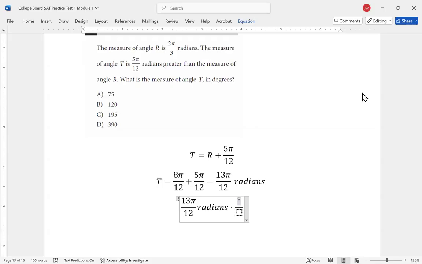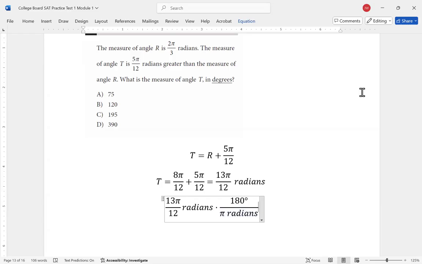Now, a lot of times instead of writing 360 degrees is 2 pi radians, we divide both things by 2. So 360 divided by 2 is 180, and 2 pi divided by 2 is just pi.